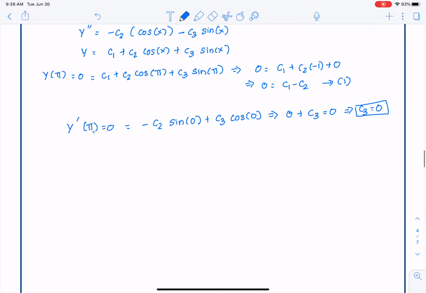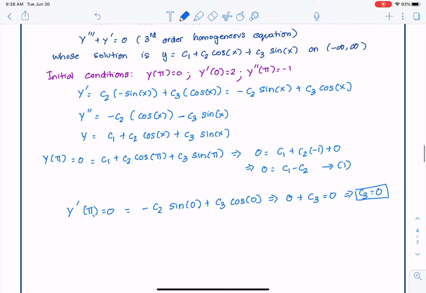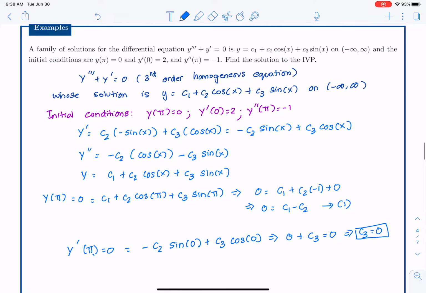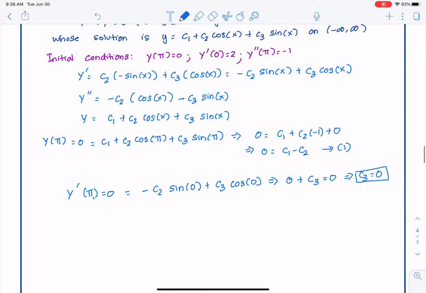Lastly, we have y double prime. Oh, it's not 0, it's 2. So simple mistakes could get you in trouble.